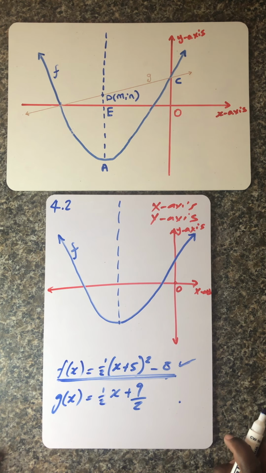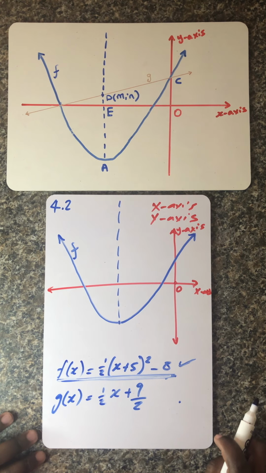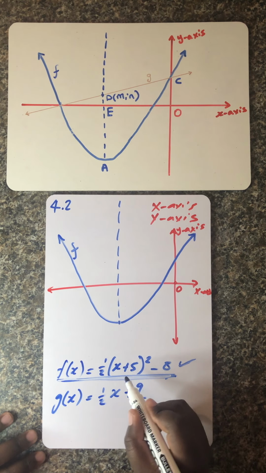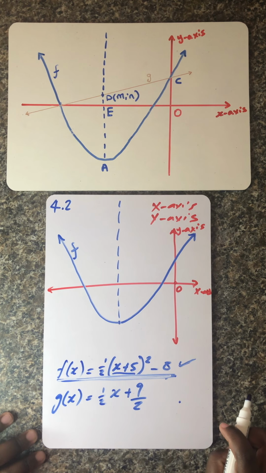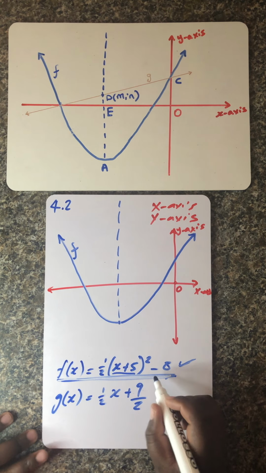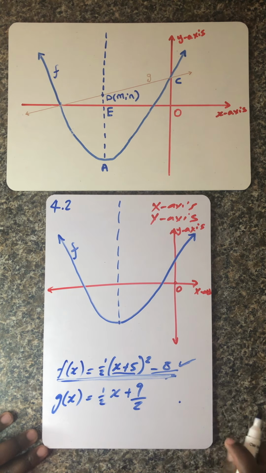Very, very important. So guys, can you see the manner in which that graph is given? Inside the brackets we can easily find the axis of symmetry, or the x value of the axis of symmetry, and this is the turning point of the given graph.